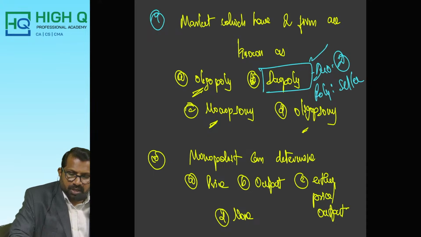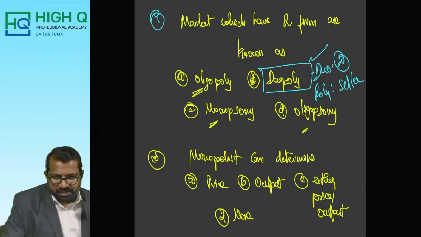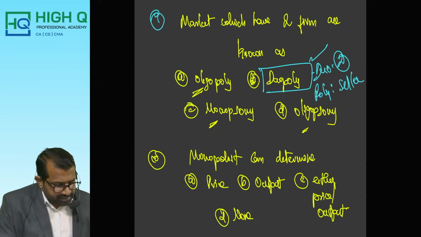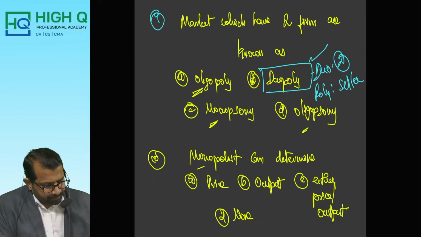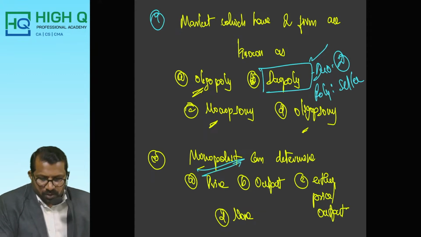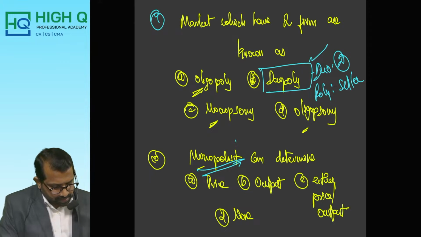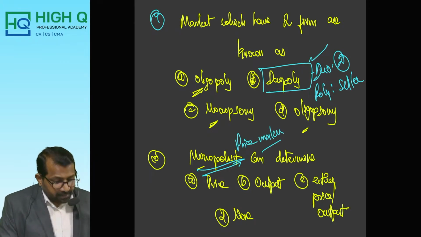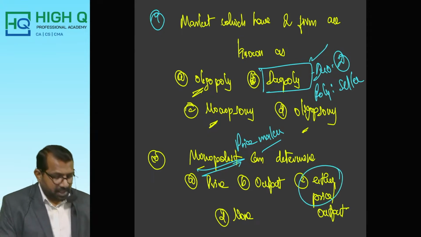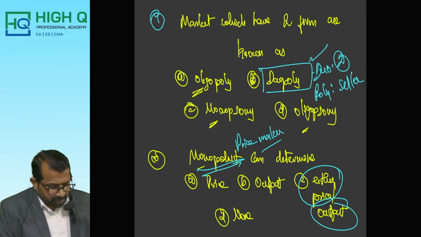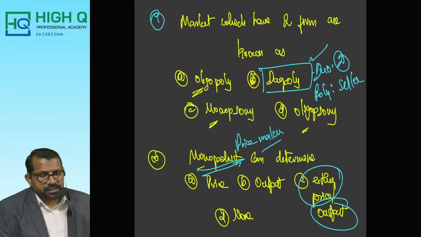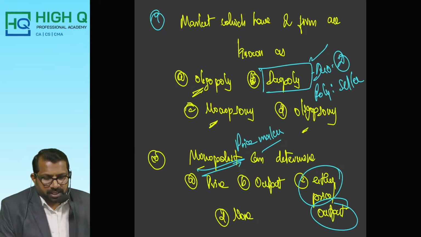In this market only the seller can influence the prices, which means he can determine either output or price. Since he is a price maker, he needs to focus on both price as well as output. So he can determine either output or price. Okay, so like this you can expect the questions for the examination.